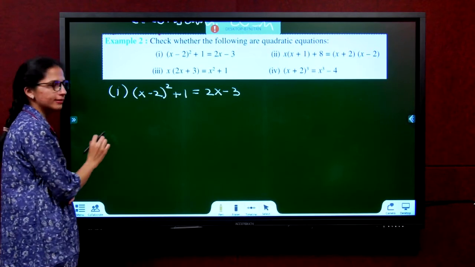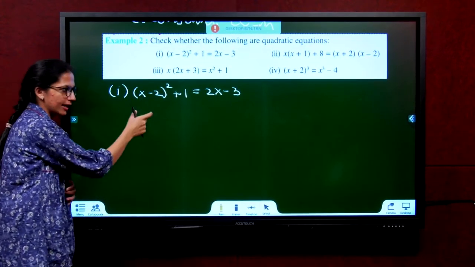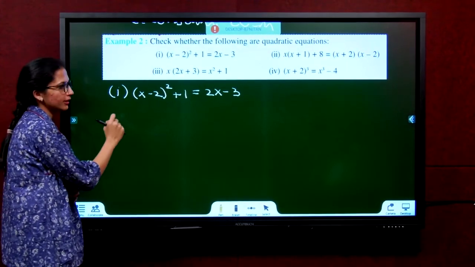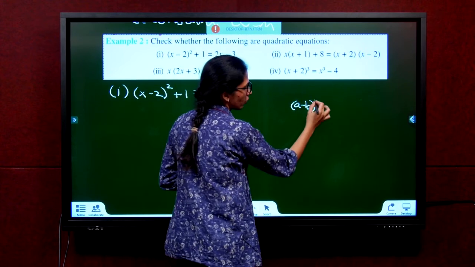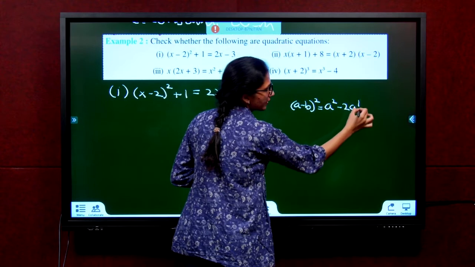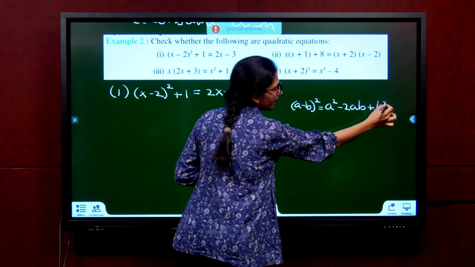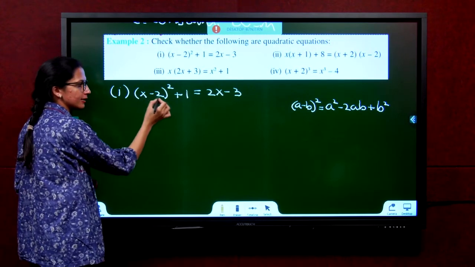Let us expand this. This is of the form a minus b the whole square. It is an identity that we already know. What is the identity? a minus b the whole square is a square minus 2ab plus b square. So what happens here? This is a, this is b.